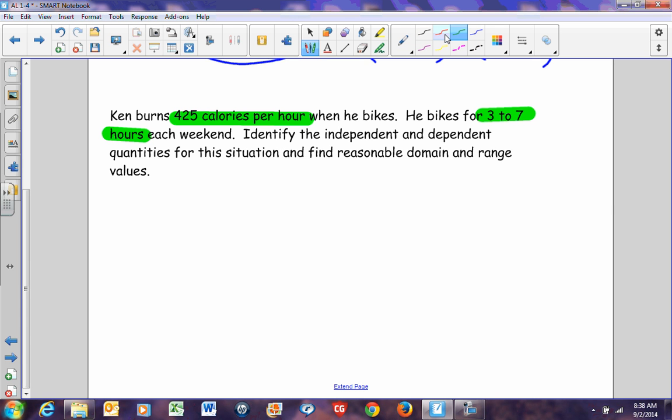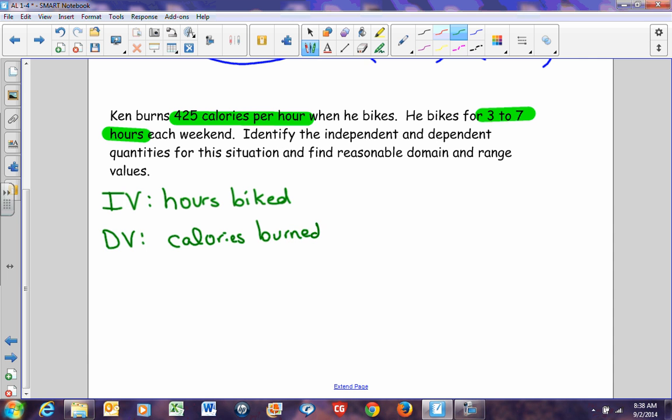Therefore, my independent variable is going to be hours that I bike, and my dependent variable is going to be calories burned. Because the more I bike, the more calories I burn.